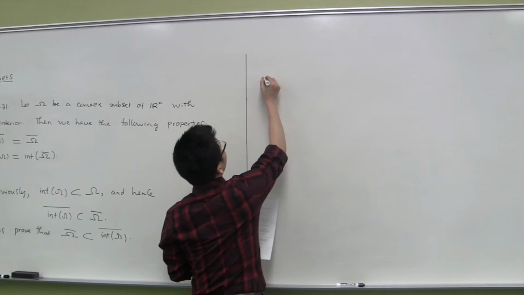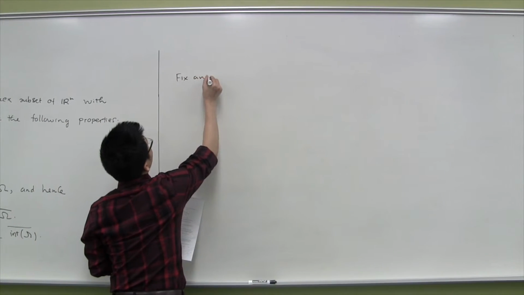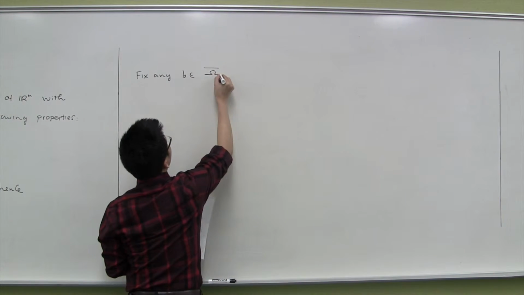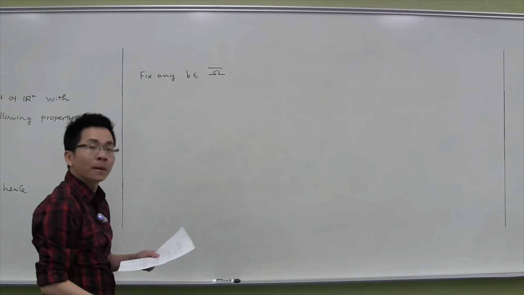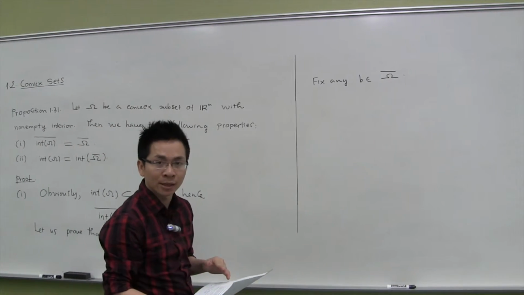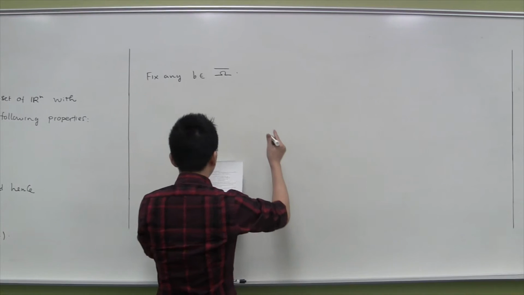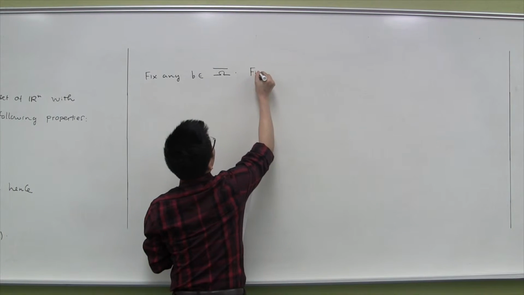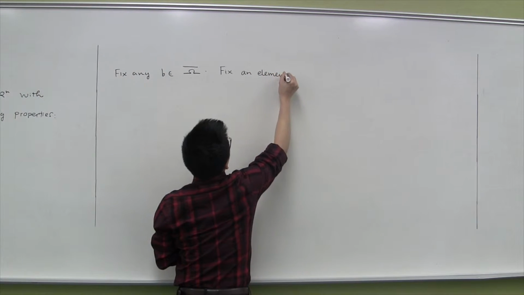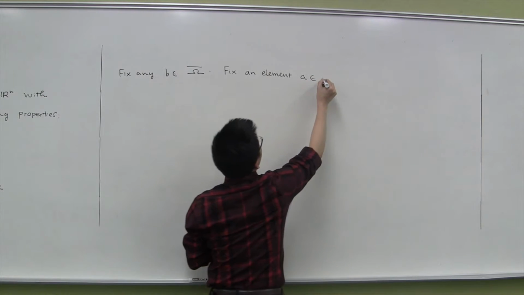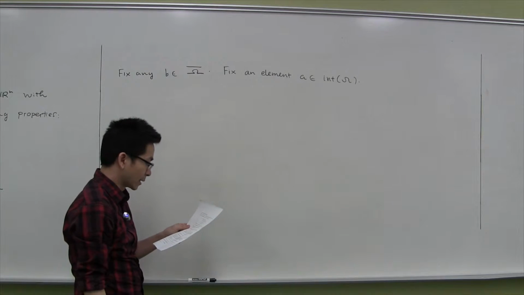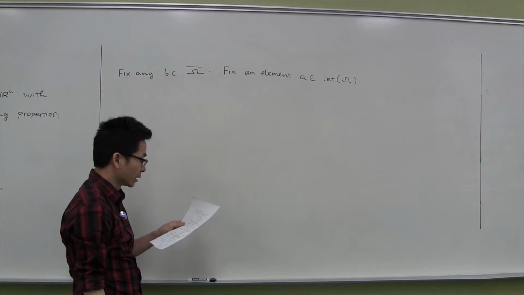So fix any B in the closure of omega. Now we're going to use the assumption that the interior of omega is non-empty. So then we can fix an element A in the interior of omega, and then we consider the following sequence.